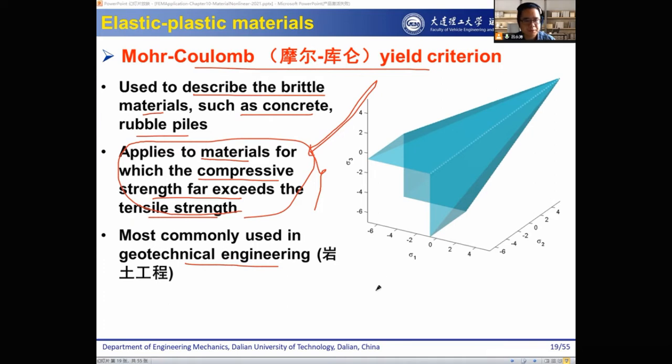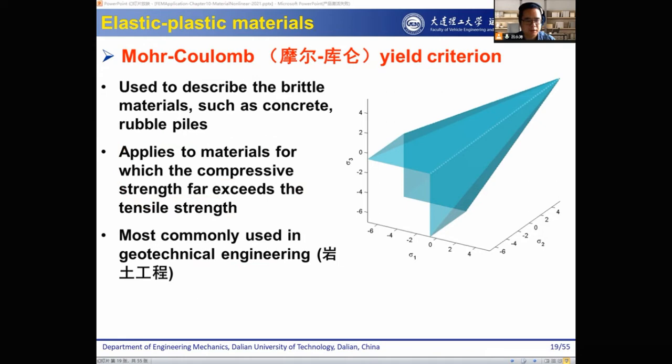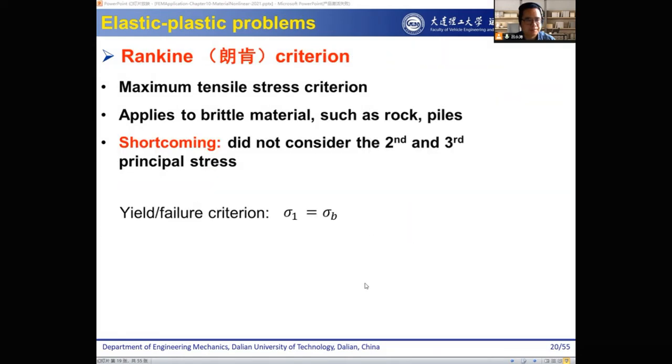So whenever you do your simulation in the FE software, if the material goes to plastic deformation, you have to pick a yield criterion for this material. You have to know the mechanical behavior of the material, and then you need to judge and select the correct yield criterion for that specific material. Okay, and this is a very important step.